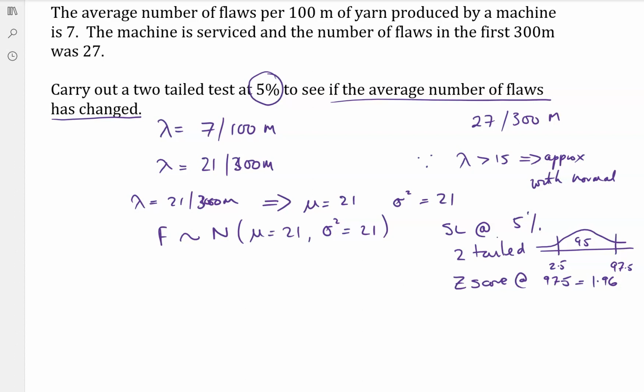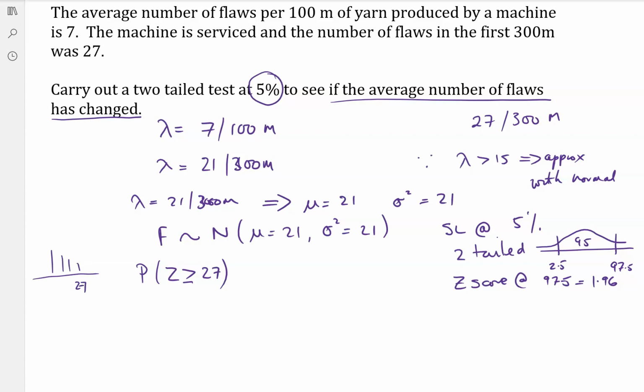We now want to find what is the probability that z is greater than or equal to 27. And this is where we need to be careful, because we're dealing with discrete data originally, although we're approximating it now with a normal. So if we think about it, we've got our columns happening here.